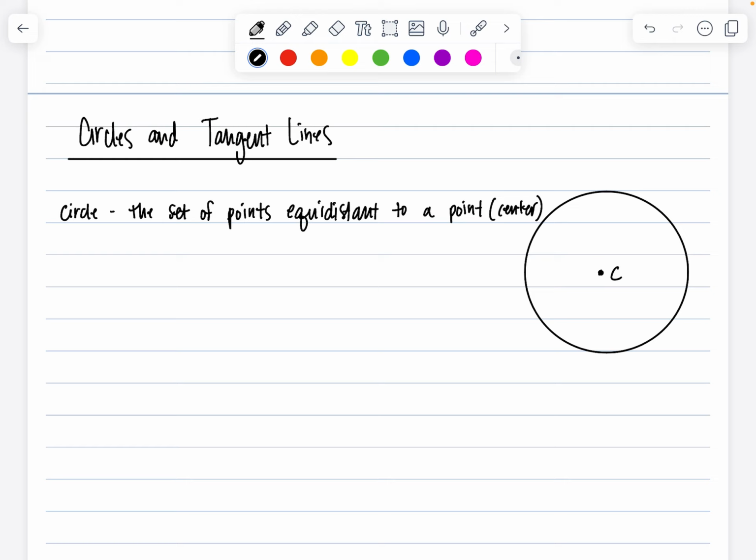Okay, so in this particular case, C is the center. All of these points that are on the outside of this are the set of points. Okay, so here we have our circle.